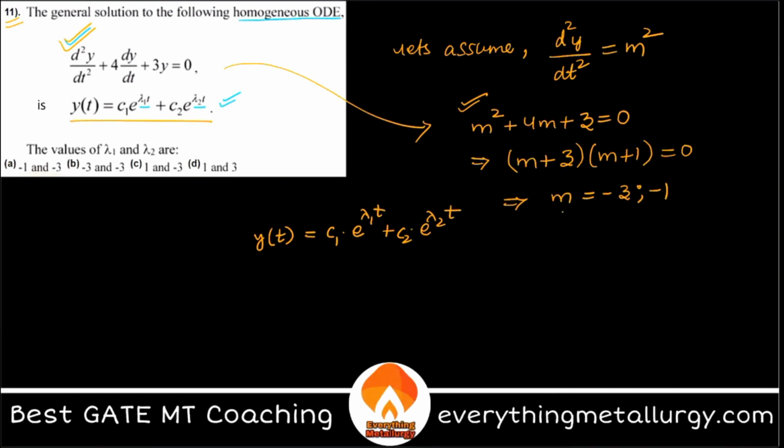Here m is nothing but my lambda. You can change the variable, that doesn't matter. So here lambda 1 will be minus 3 and lambda 2 will be minus 1. Just look at the options and you can see I think it's option A, right?